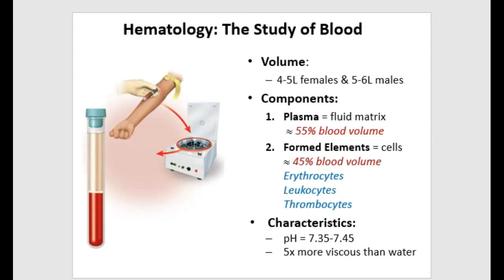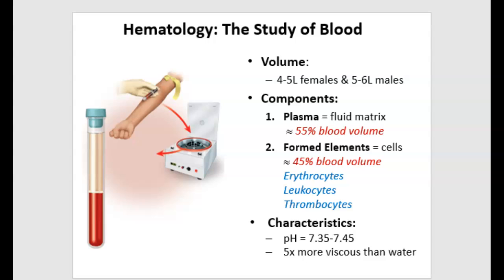The study of blood, which we're going to cover in the next lecture, is known as hematology. And this term hematology is not just an academic term. It also refers to studying a patient's blood, the content of a patient's blood. In general, the volume of blood found in healthy adults ranges from 4 to 6 liters, higher in males than females.